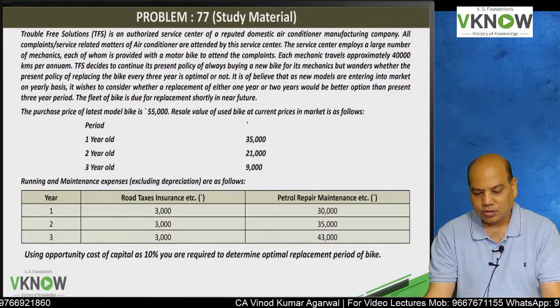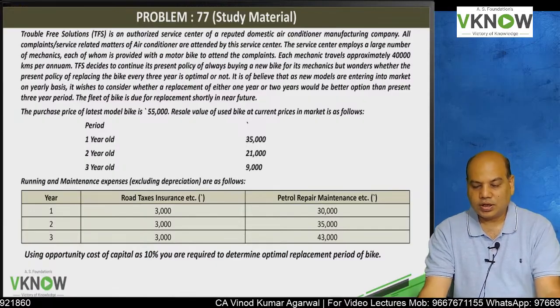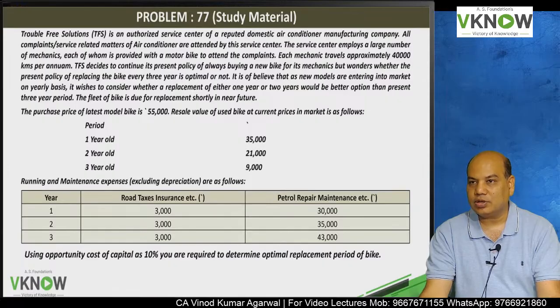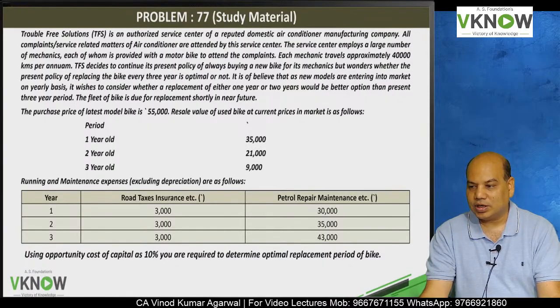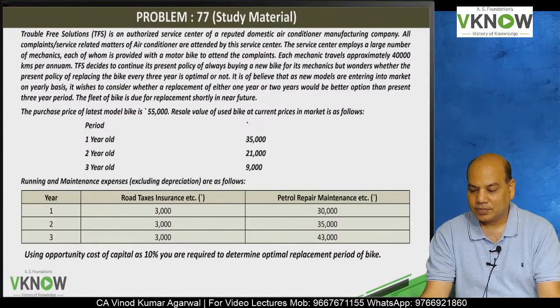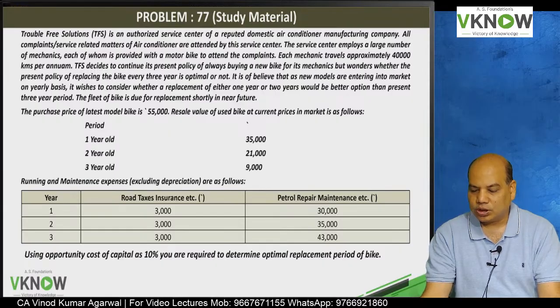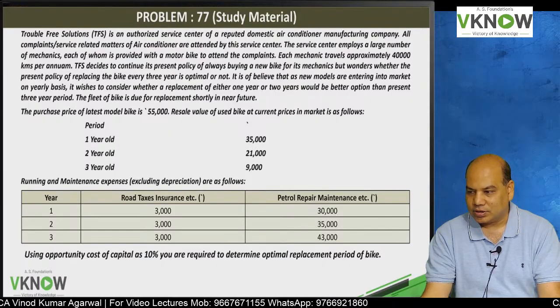Trouble-Free Solution, TFS, is an authorized service center of a reputed domestic air conditioner manufacturing company. All complaints and service related matters of air conditioners are attended by the service center. The service center employs a large number of mechanics, each of whom is provided with a motor bike to attend the complaints.